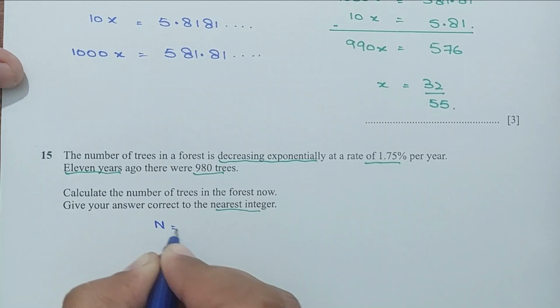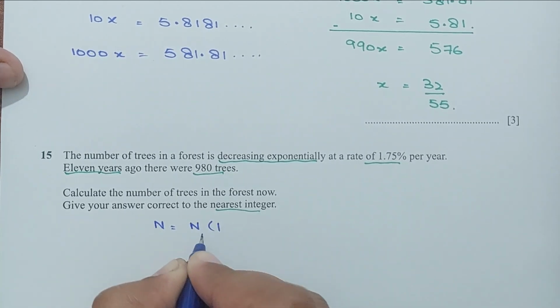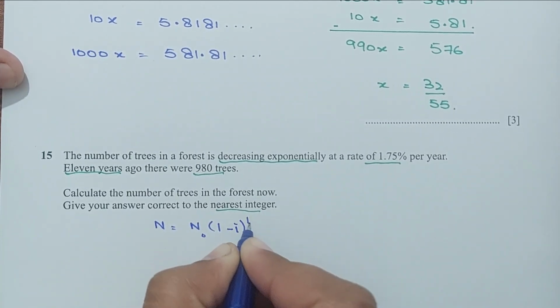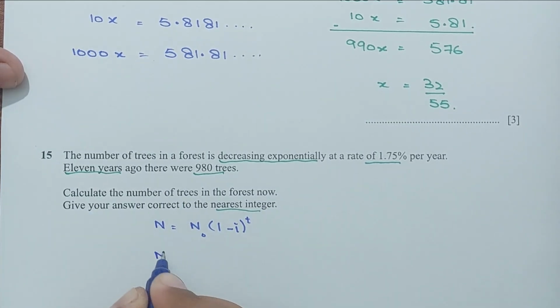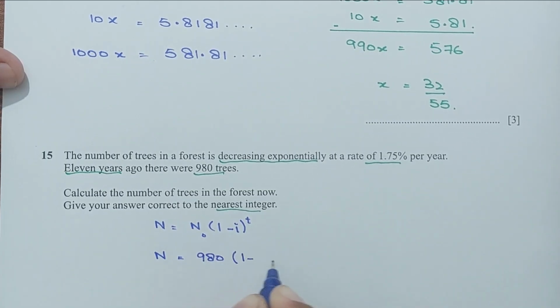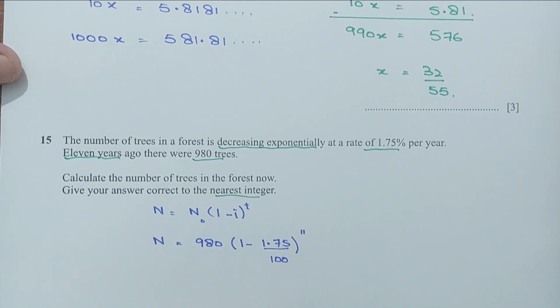It has a formula N equals N naught into 1 minus i, its power is t. Right, so we have to find the number of trees in the forest now. Initially, the number of trees was 980 into 1 minus the rate, which is 1.75%, and 11 years ago, right?